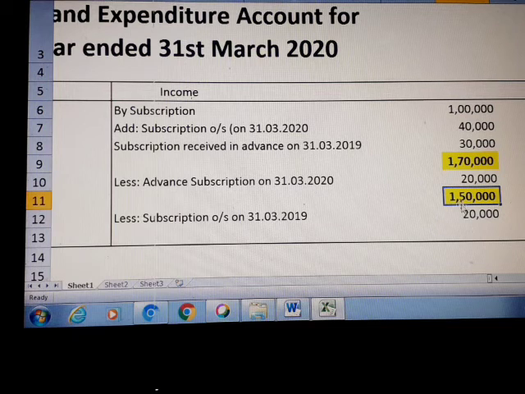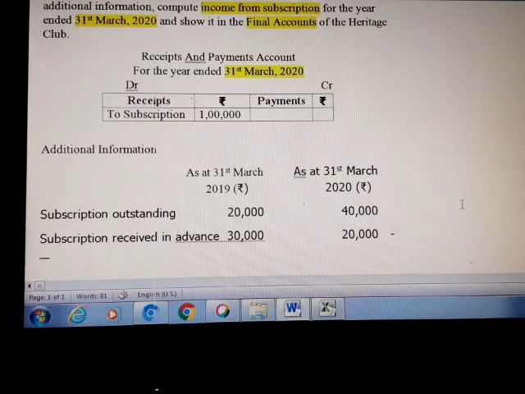In this 1,50,000, now I should have to eliminate, that is I have to subtract this 20,000. Why? In the beginning itself I said, though current year outstanding balance shows 40,000 as an overall amount, this 40,000 is inclusive of this 20, which means it has become a cumulative. This has been carried over to this particular year's outstanding.